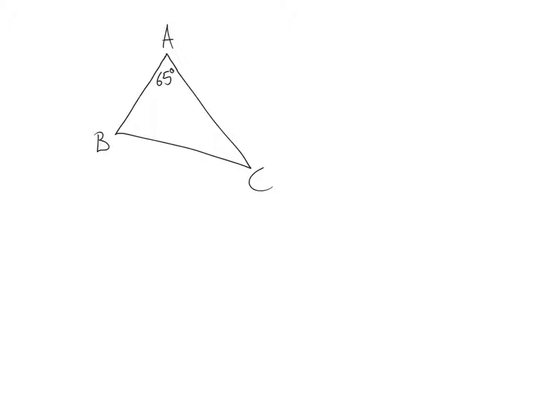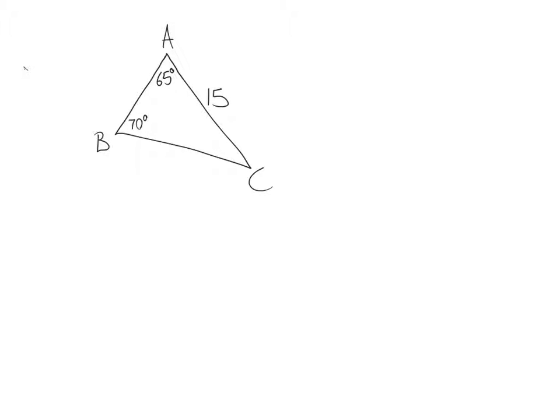And let's say I told you that this angle B was, let's make it something more realistic, maybe 70 degrees. And let's say I told you that side AC was 15 units long. Okay?